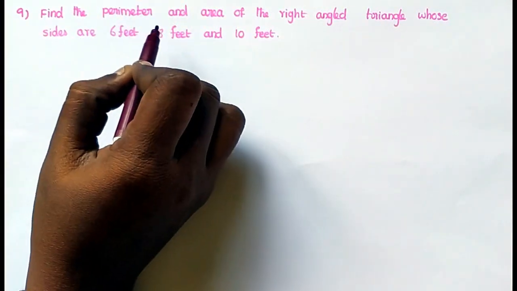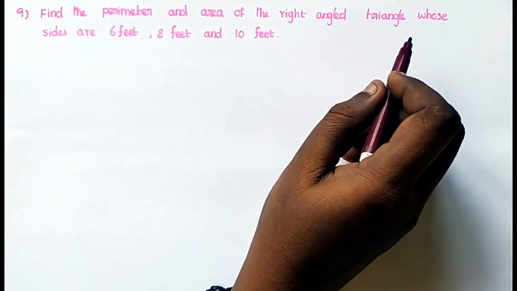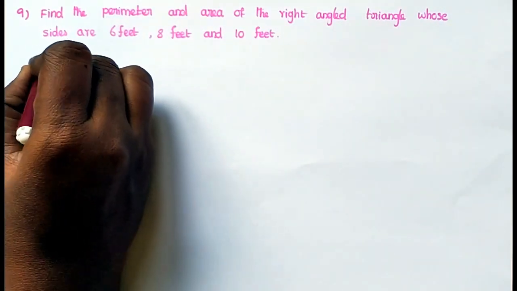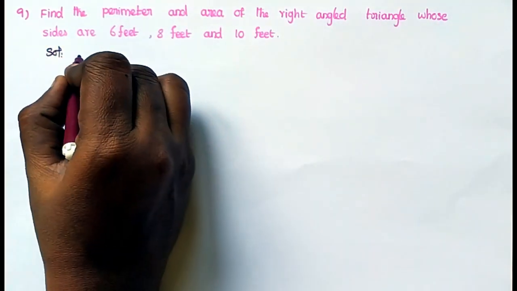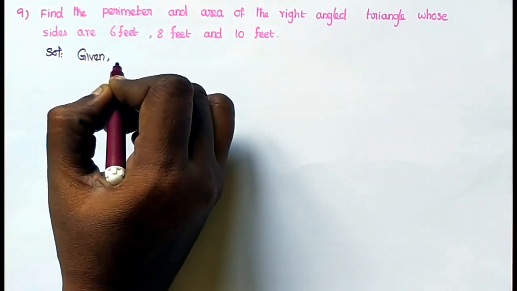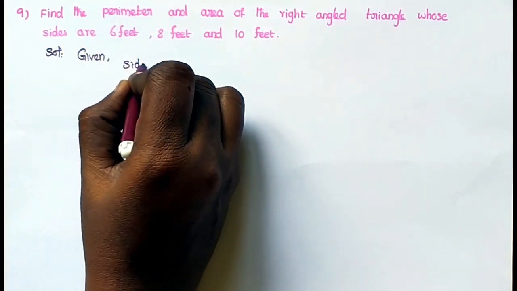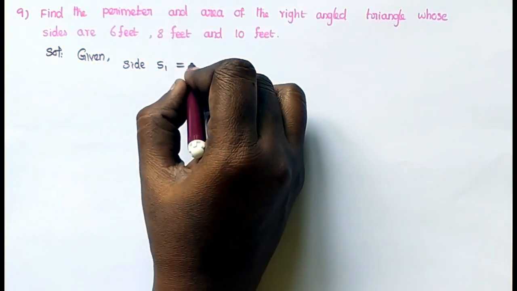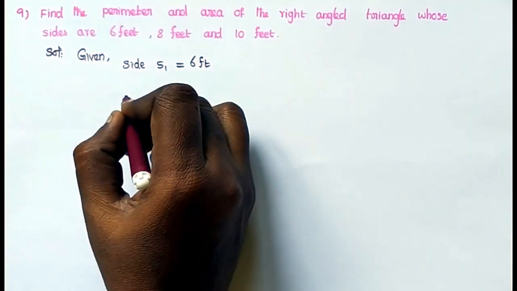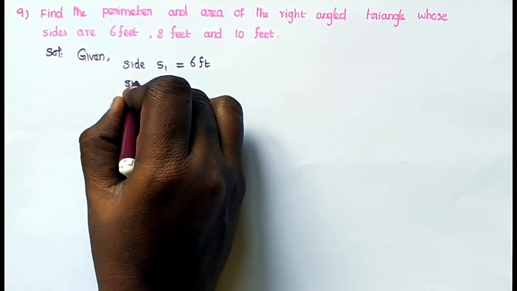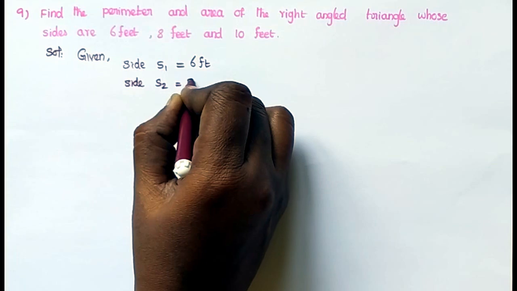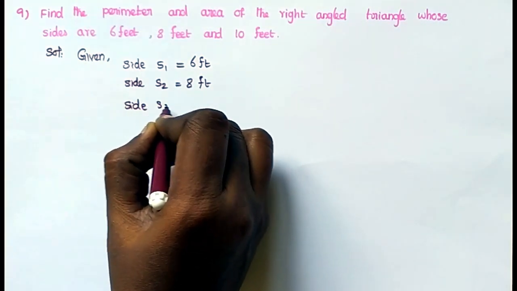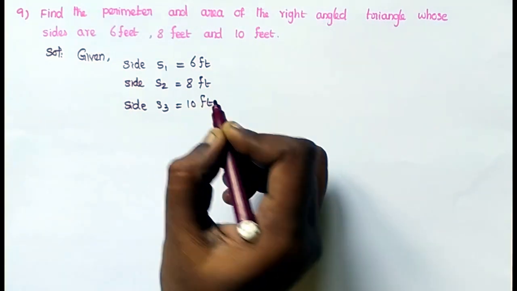Ninth sum, find the perimeter and the area of the right angled triangle whose sides are 6 feet, 8 feet and 10 feet. Listen, write down what they given. Side S1 equal to 6 feet. They given the sides of triangle. Side S2 equal to 8 feet and side S3 is equal to 10 feet.